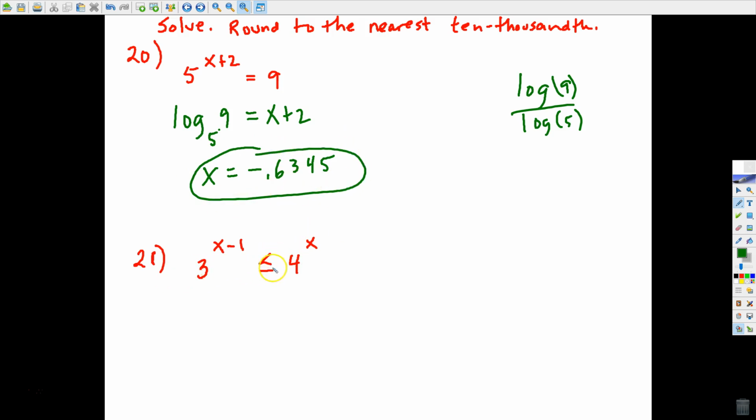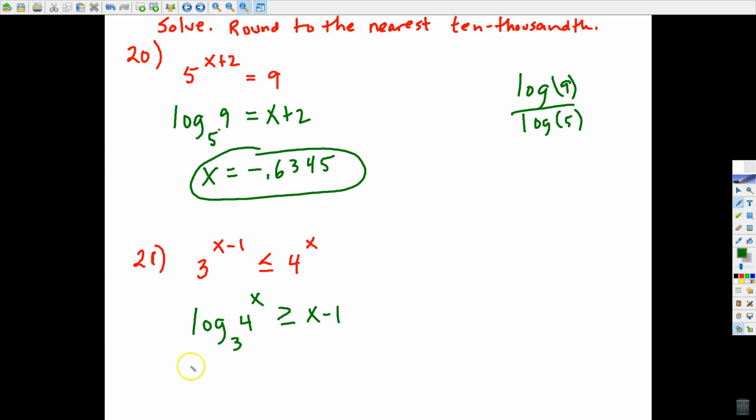Number 21 is an inequality, but the same thing is true. Exponential inequalities need to be written as log inequalities. So log base 3 of 4 to the x power. Notice the inequality is pointing at the exponent, so when I rewrite it, it still needs to be pointing at the exponent.